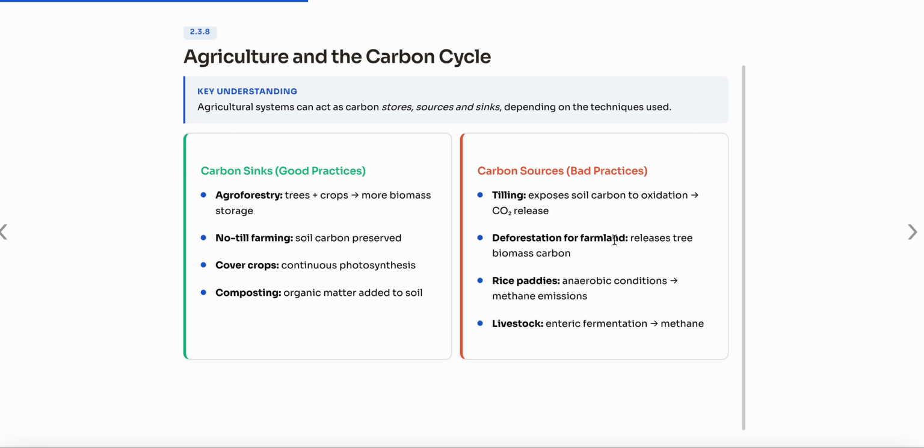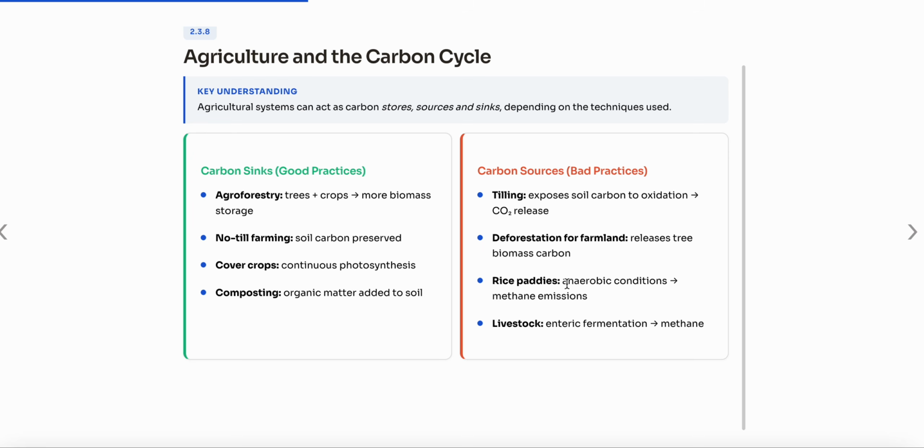Like tilling will expose soil carbon to oxidation, and carbon dioxide is released. When you're doing deforestation, again we are actually decreasing the carbon sink, right? Rice paddy fields: if you see the agriculture of rice, there is anaerobic respiration happening because it's always underwater.